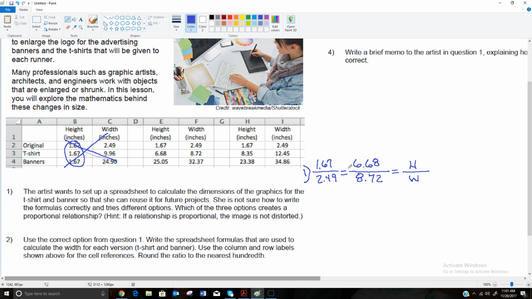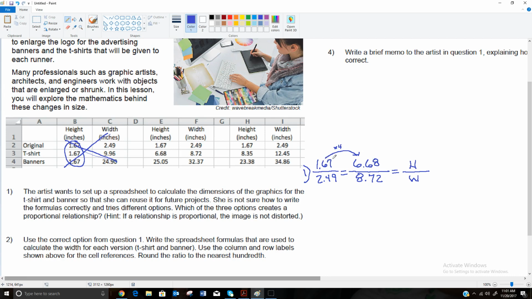So as we look at that, we can do two different things that are fairly common to check this. We can see what 1.67 would have to be multiplied by in order to get 6.68. So we're going to take 6.68 and divide it by 1.67, and that gets 4. So this has been multiplied by 4 to get 6.68.